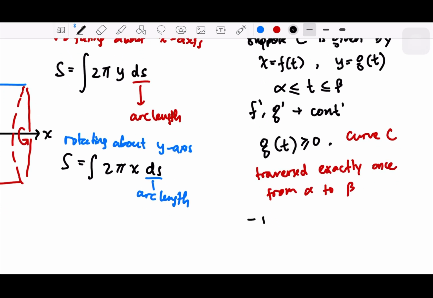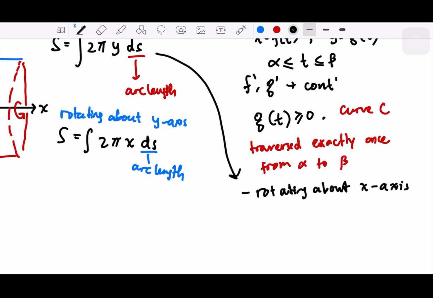Then for rotation, if rotating about the x-axis, then we can put into our formulation.